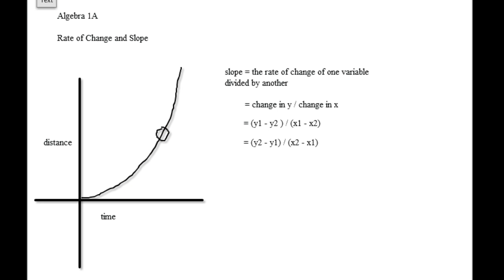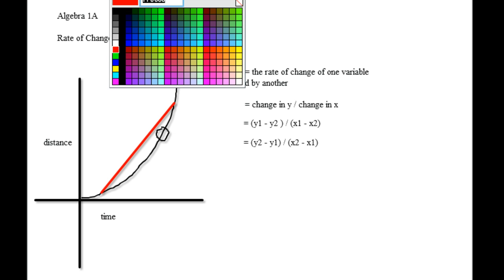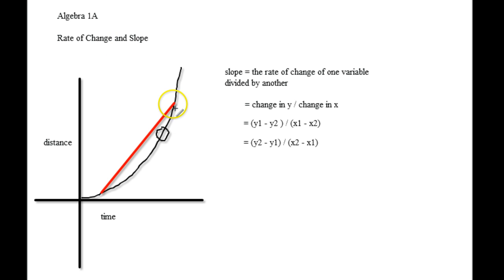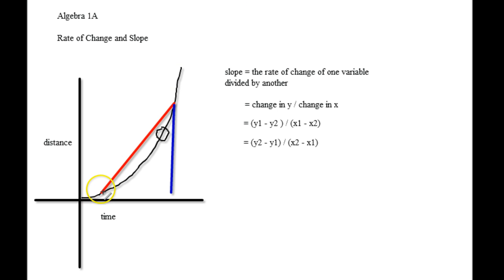Okay, and what you're actually doing is finding the key difference between a couple of points. So let's say we pick a point here and a point here. You're finding the change in the y-coordinate, which we would call rise, and then dividing it by the change in the x-coordinate, or the change in time.